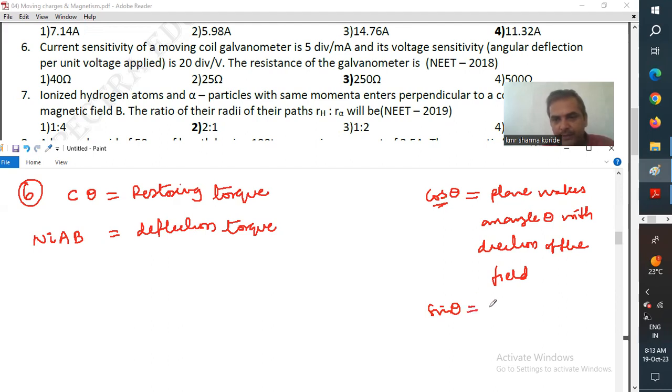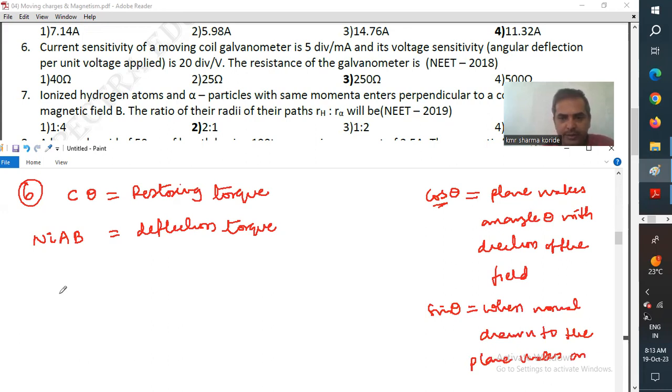Sin theta is when the normal drawn to the plane of the coil makes an angle theta with the direction of the field.